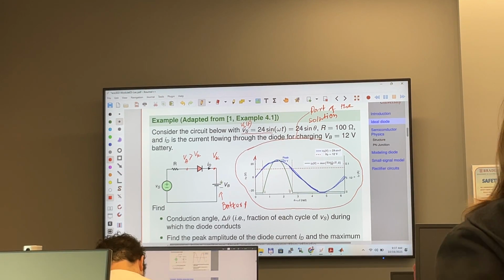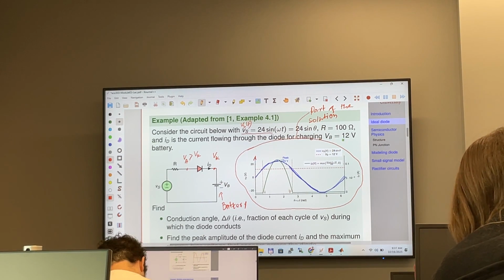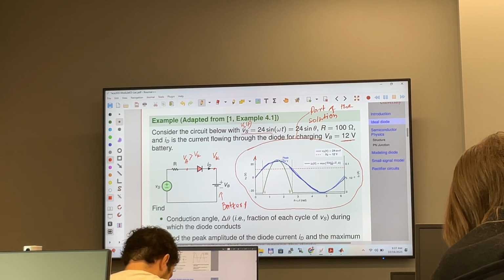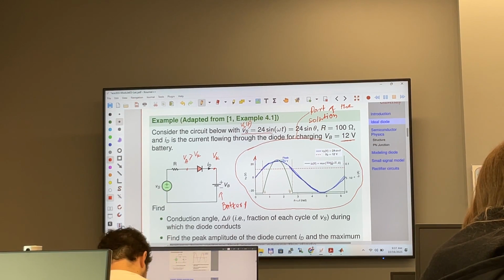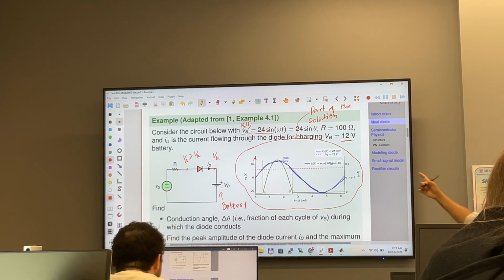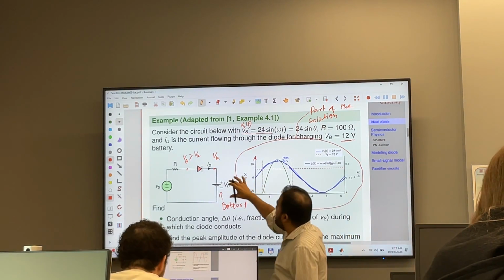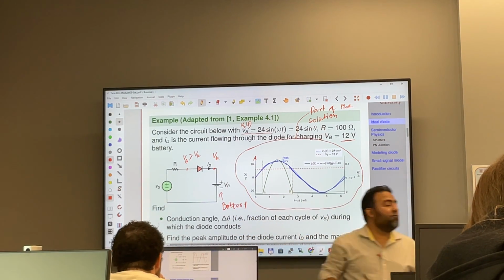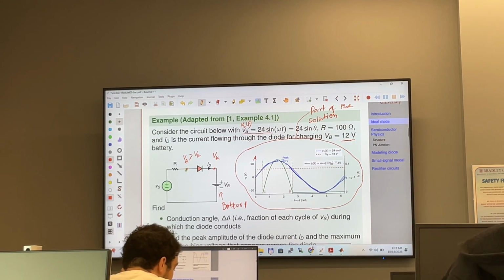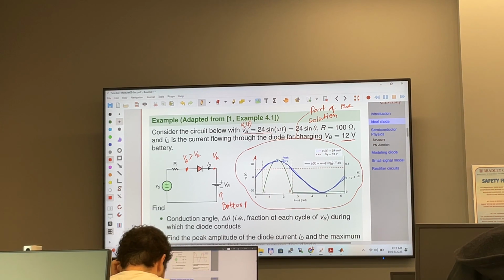until it charges. But in the question, it is given that the battery is fully charged, which means 12 volt. So VB, this battery, has a voltage of 12 volt. So this diode is not going to be on until the anode voltage is 12.